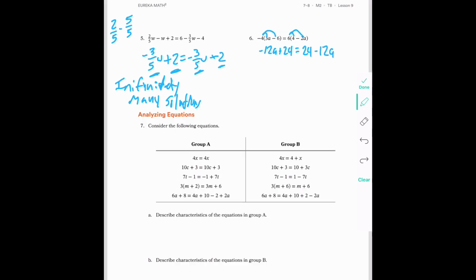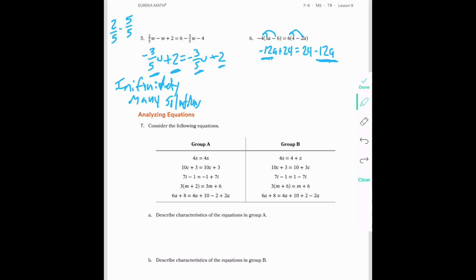All right, so now I can't do step 2 because I don't have like terms on either side with each other. So I'm at special step 3. If I look at special step 3, let's see if the coefficients match, okay? If I look here, I have negative 12a on both sides.